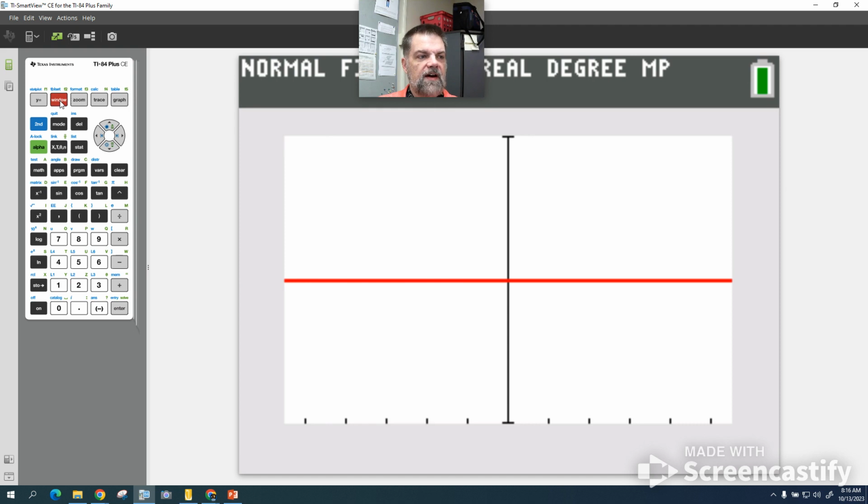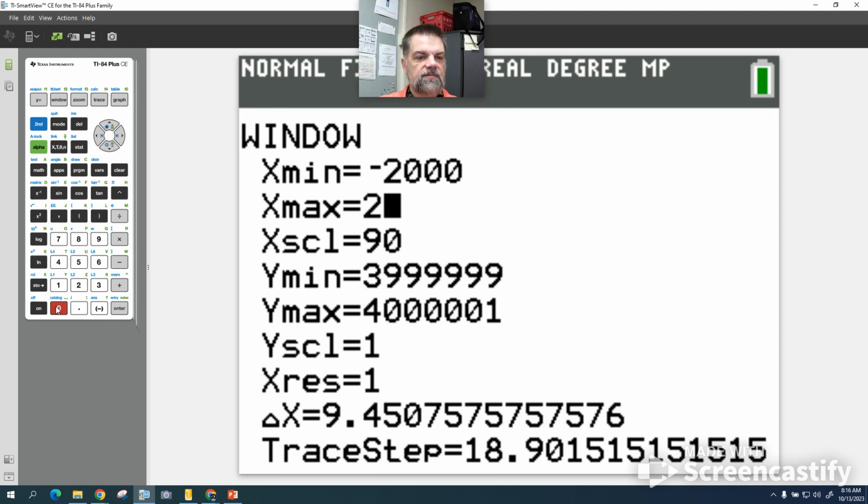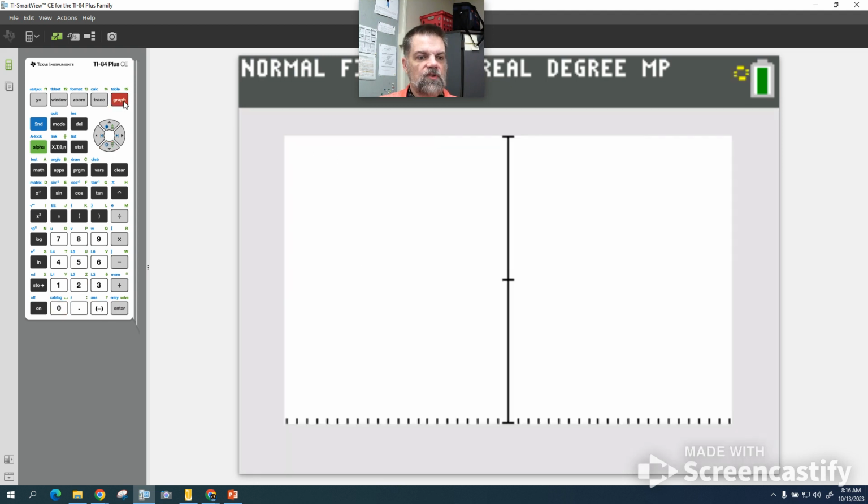Maybe we need to zoom out in the X direction. So I'm going to go over here and put in negative 2,000 and positive 2,000. Graph.